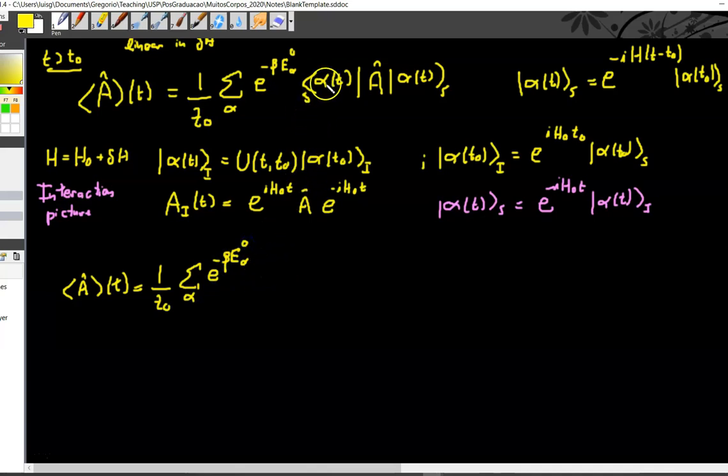Then there will be the bra and ket in the interaction picture, alpha of t, and there will be this e^{iH_0 t} A e^{-iH_0 t}, so this is also interaction picture, and this is precisely, not surprisingly, the operator A in the interaction picture.